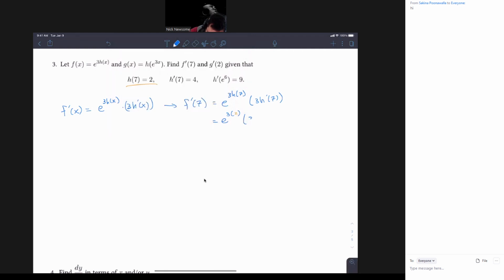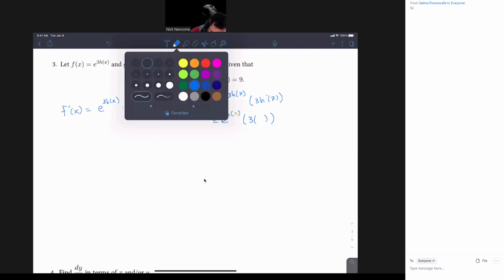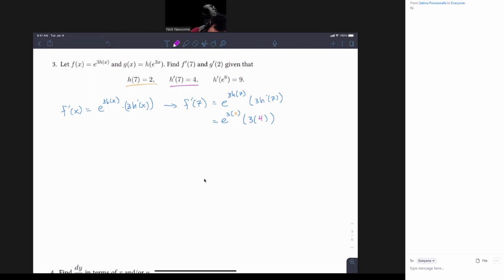And h prime of 7 is also given to us. It's 4. So we put all this together and say this is 12 times e to the 6. We don't get calculators, so we're just going to leave it like this. Questions about this problem?